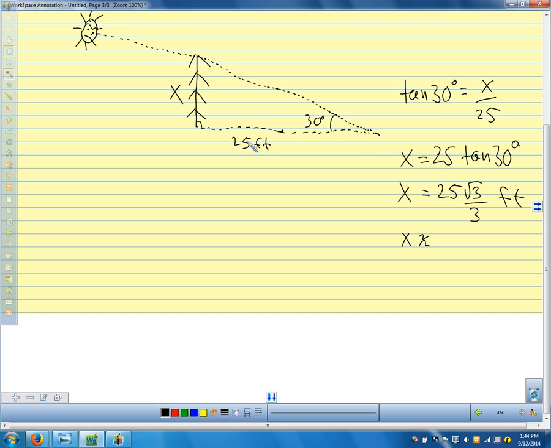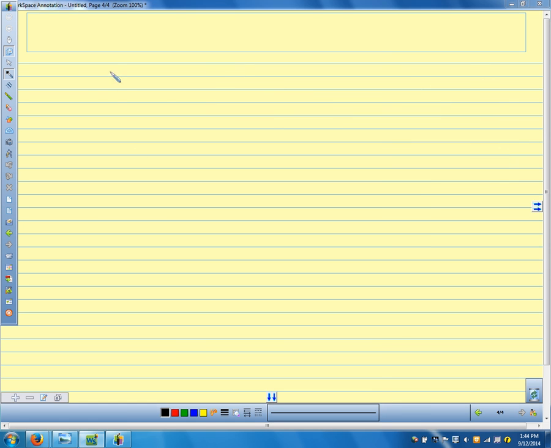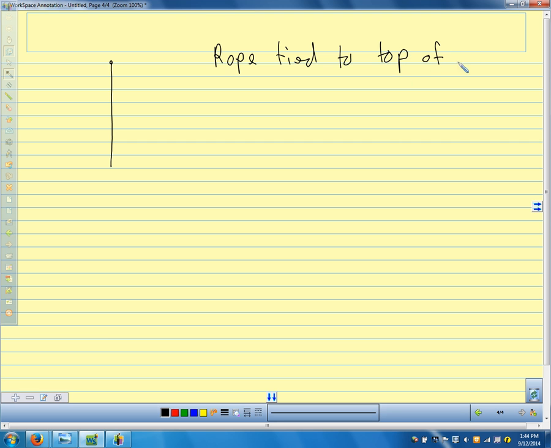Okay, let's look at another example. So we have a flagpole. This could be the one that the mathematician found the height of for the engineers. So we have a rope at the top of a flagpole, and our rope is 35 feet long.